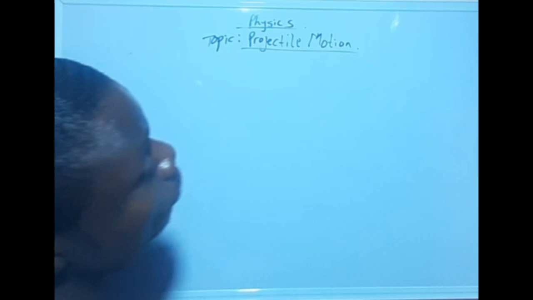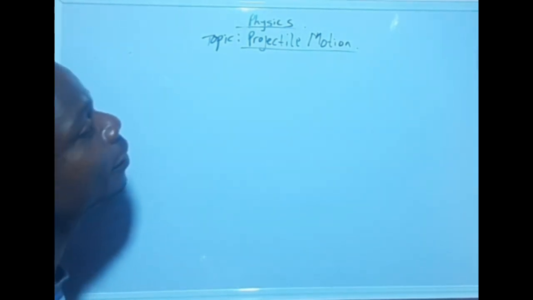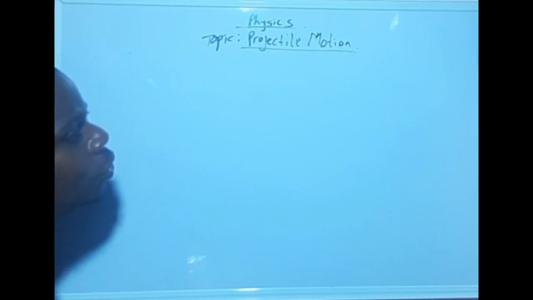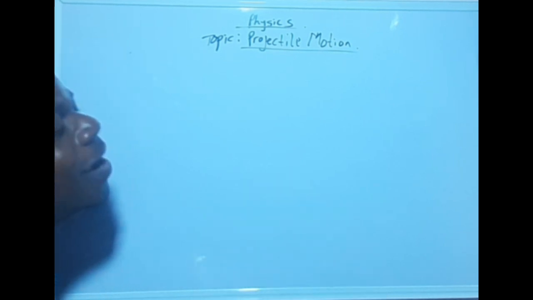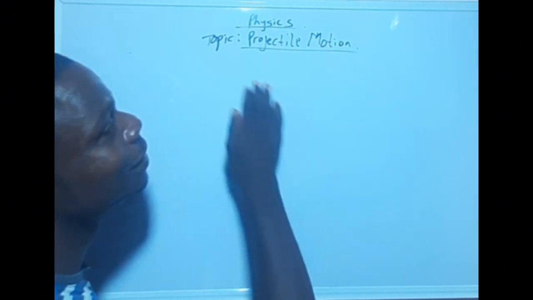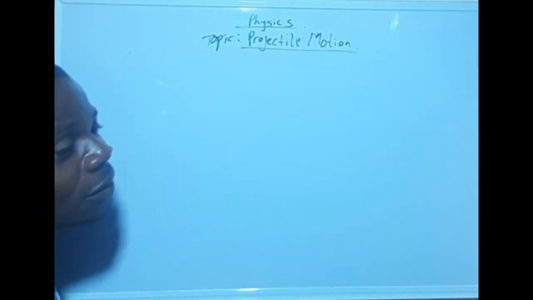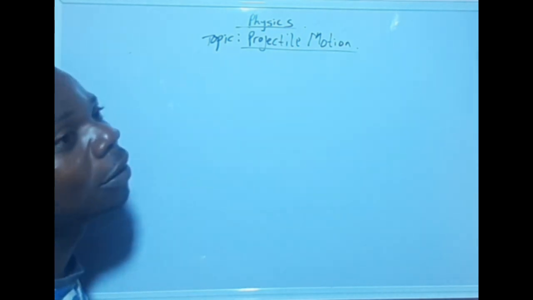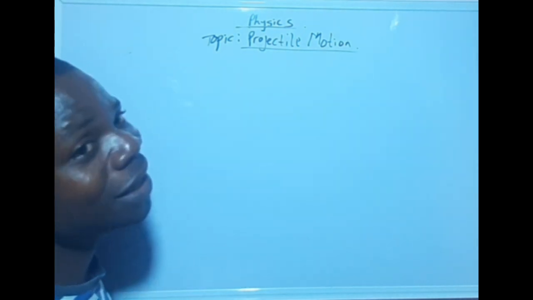Remember that projectile motion refers to the motion of an object thrown into the air and moving under the influence of gravity alone. A very good example is a discus throw, a shot put, or a bullet shot into the atmosphere.